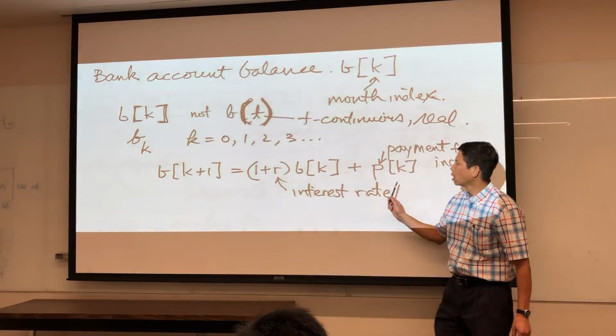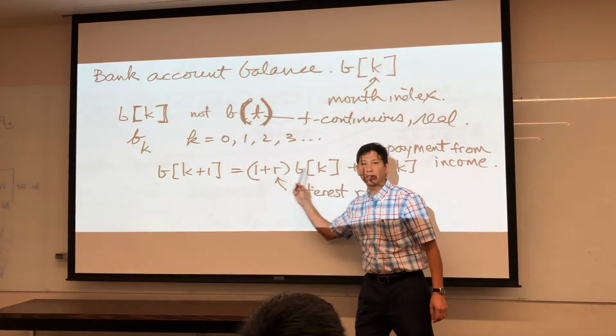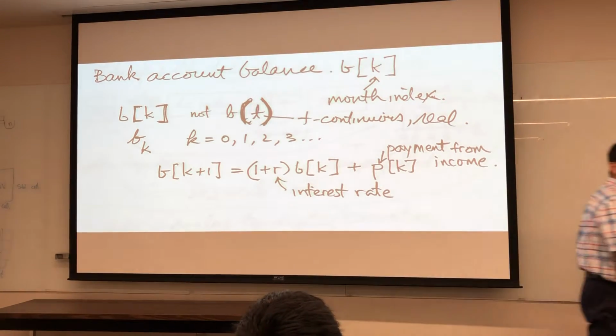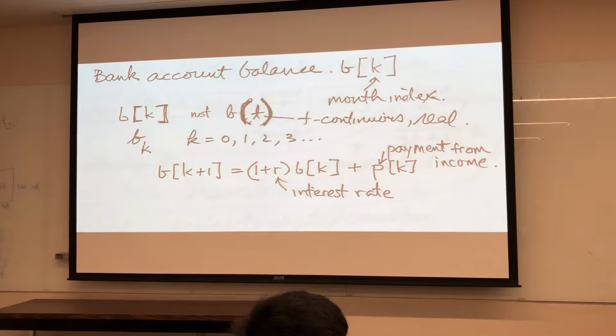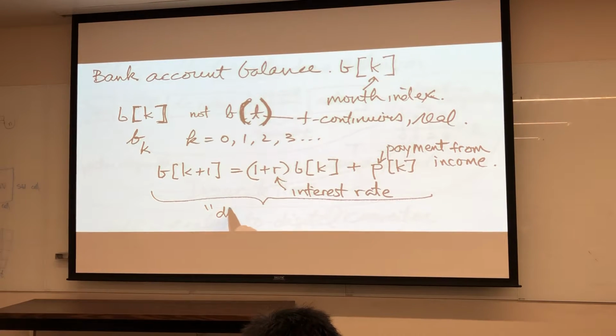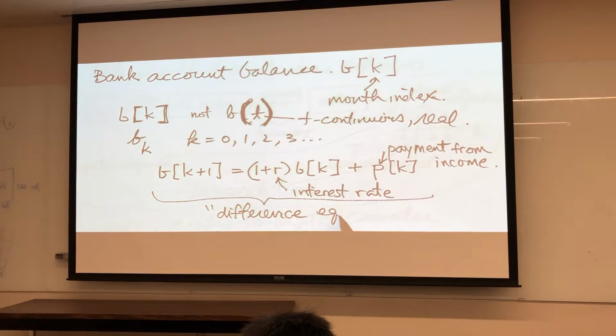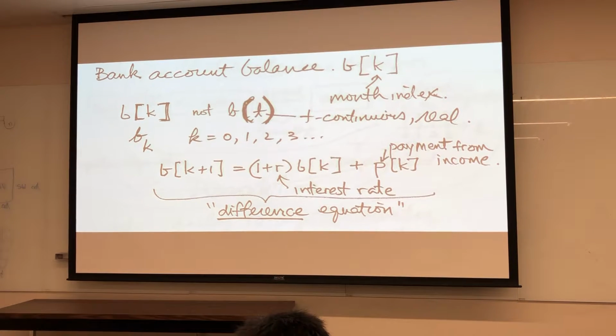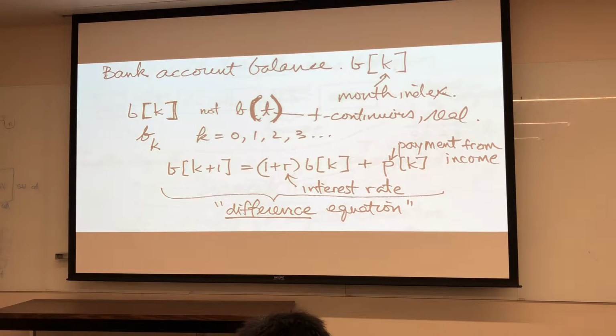Okay. This is not a differential equation. You see no d by dt operators here. This is an example of what we call a difference equation. That's the term we want to review today.